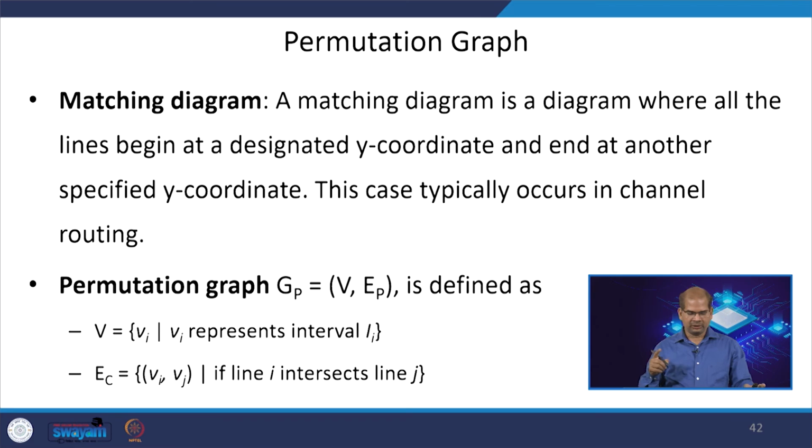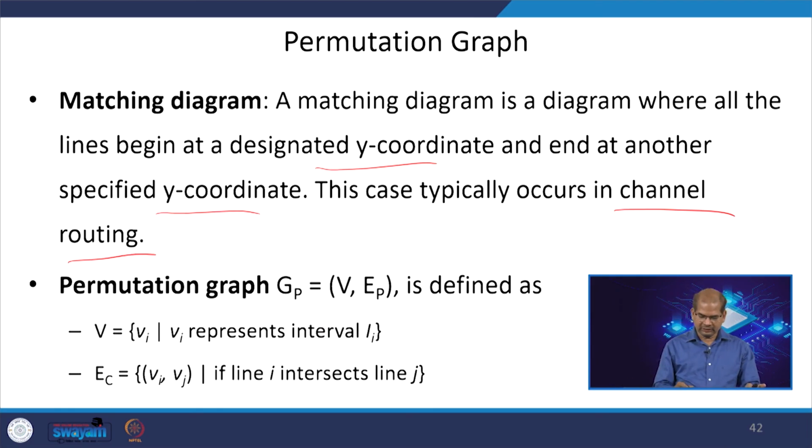Now, I have a permutation graph, which comes out of the matching diagram. What is this matching diagram? A matching diagram is a diagram where we have lines that begin at a designated y coordinate and end at a designated y coordinate. This is basically used for channel routing. We will look into this.